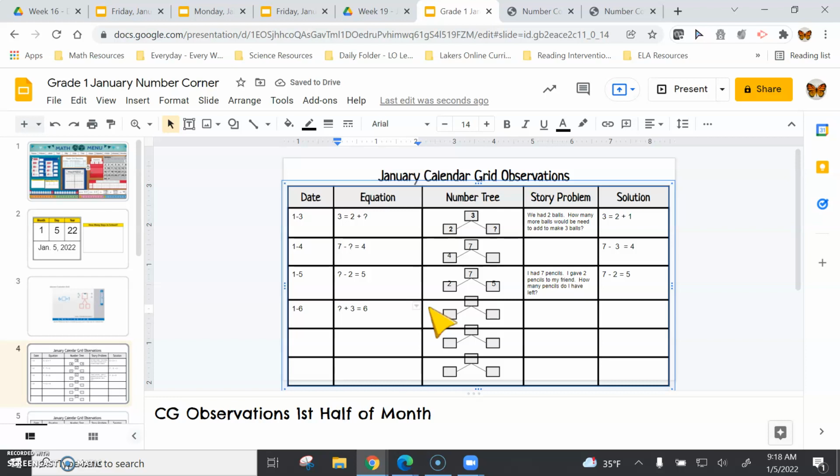Something equals this big number 6 here. 6 is our big number. We know one of the numbers on the bottom is 3. We don't know the other number yet. Let's see if we can figure out what that other number can be.